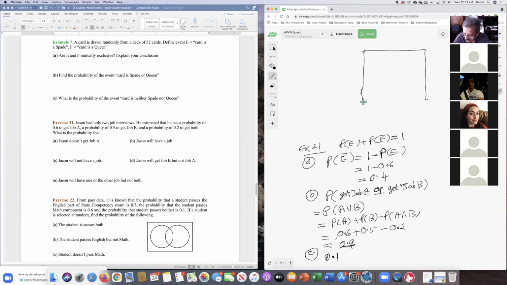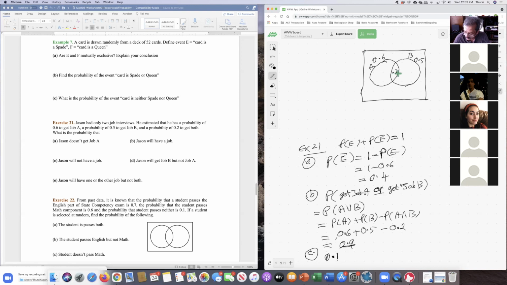Getting job A, I'm going to call event A. Getting job B is event B. And we already know the probabilities: 0.6 for event A, 0.5 for event B, and the intersection is 0.2.